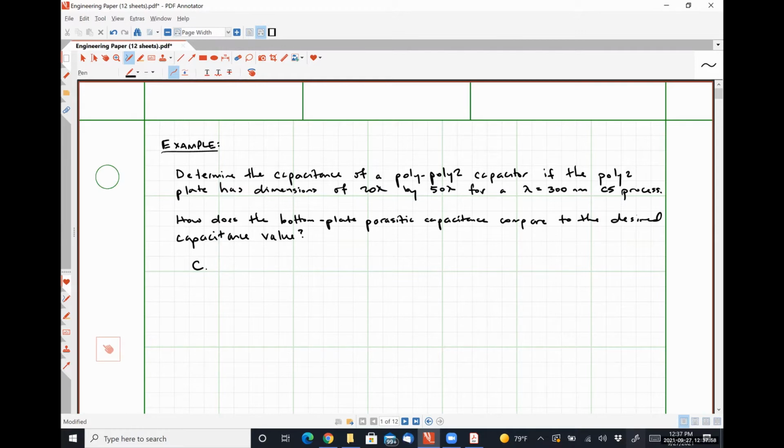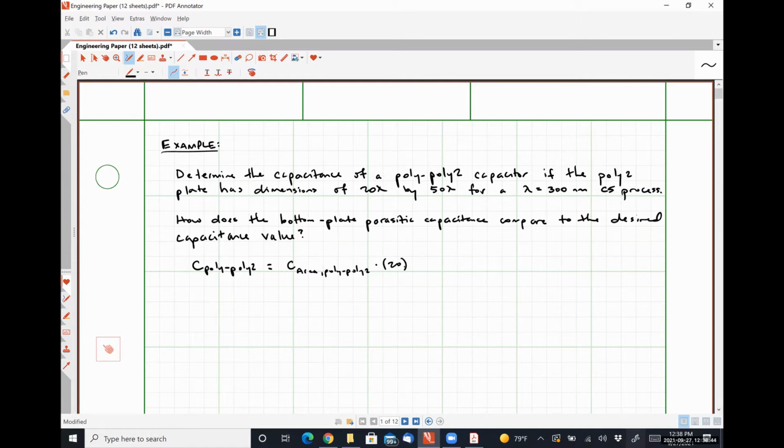Yes. So for our poly to poly 2 capacitor, we are going to have my capacitance per unit area figure for poly 2, multiplied by the area of our plate.